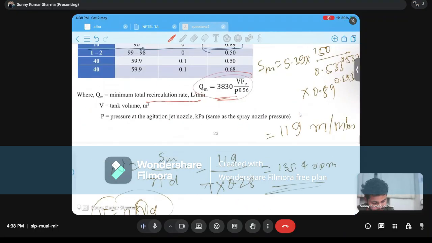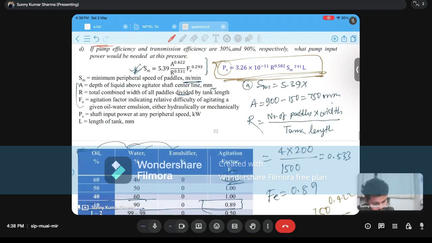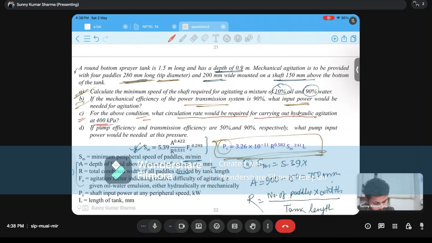And what is the value of d? It is a round bottom, so it must have some diameter.